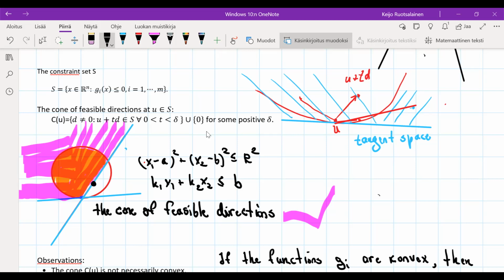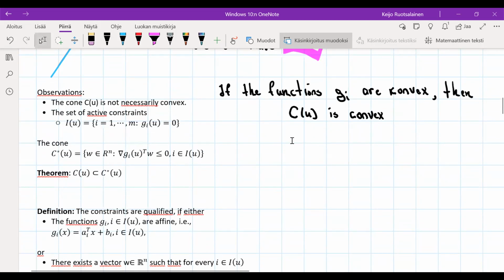But of course, beforehand, we do not know whether it is active or inactive. Okay, it depends on the problem.